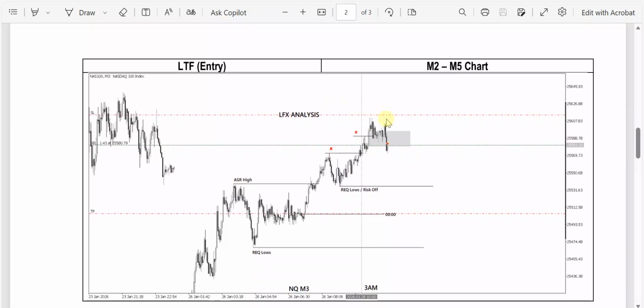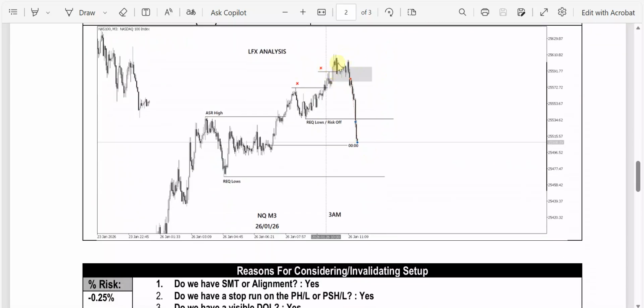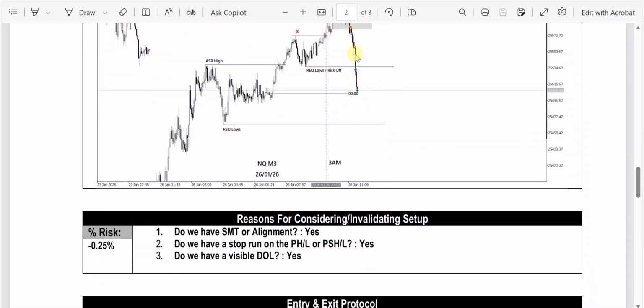Then on Nasdaq, I was able to now anticipate a distribution, because now your Asian high has been taken out, and previous highs have been taken out. So basically, I was anticipating a distribution, and price was trading above the midnight open, and you can see how price played out beautifully well.